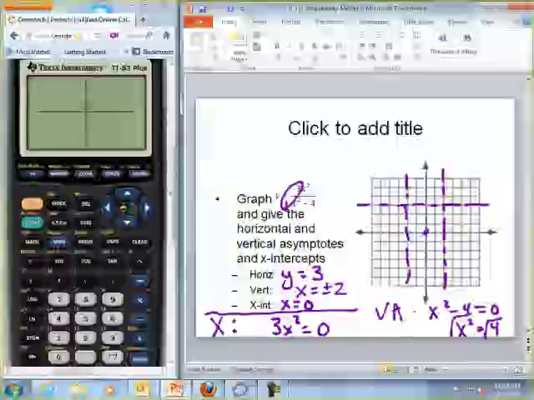So we can plot that 1 point then. Okay, so horizontal was found by the fraction of what's in front of the x's, 3 over 1. Vertical is found by setting the denominator equal to 0. Remember, plus or minus when you take a square root. And our x-intercepts are setting the top equal to 0. To figure out how this looks in those spaces, we will graph it on the calculator.